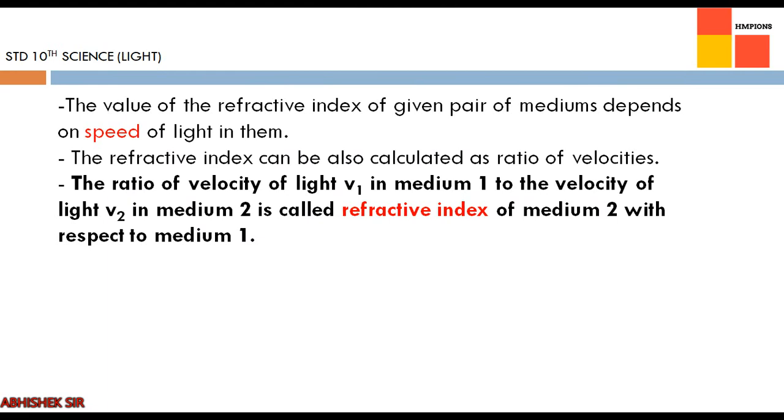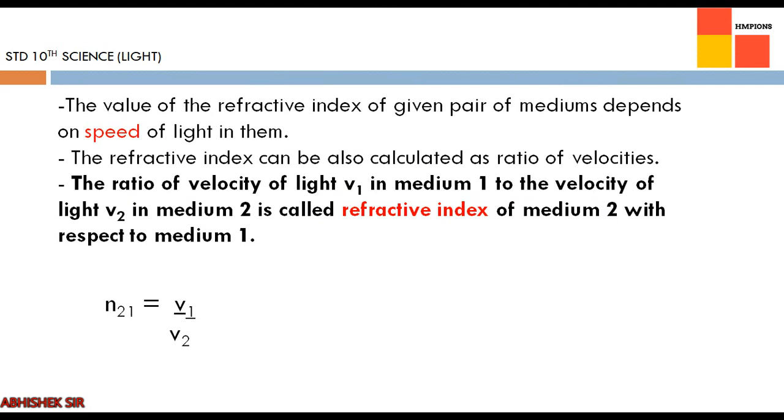Now, we all know that the value of refractive index of a given pair of media depends on the speed of light in them. So if we want to find out the refractive index of any medium with respect to any other medium, we will have to take care of the speed or velocity of light in those media. So what we have to do is take the ratio.